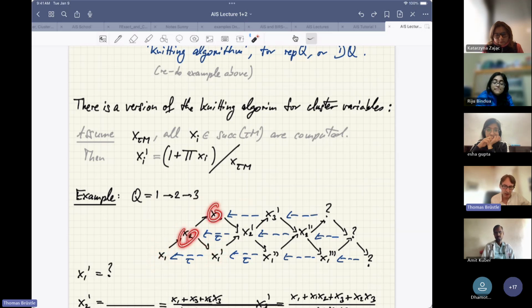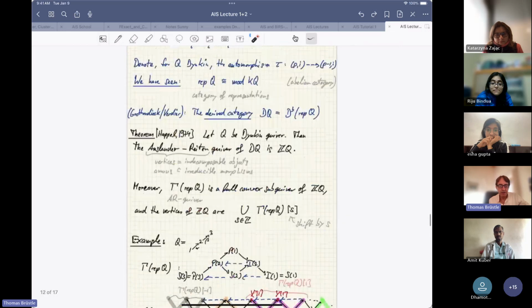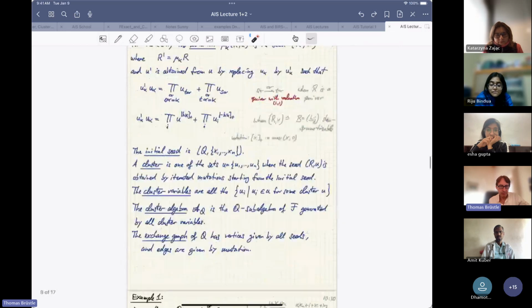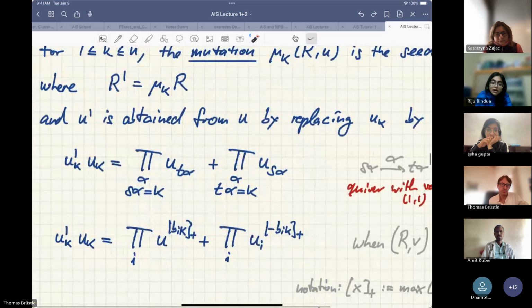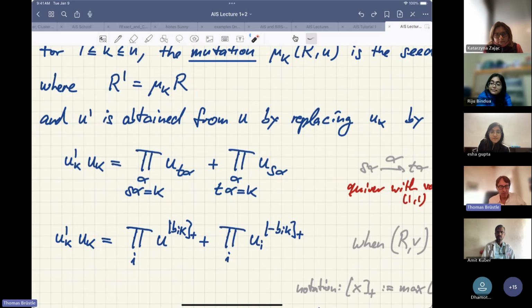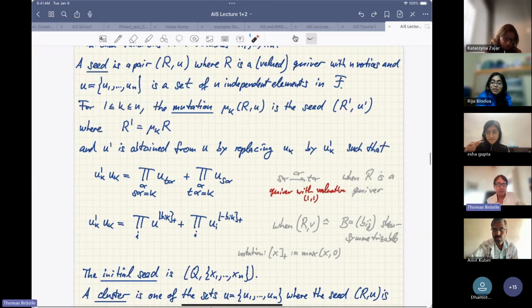If you know these three, you can compute the fourth one. So there's a knitting algorithm for cluster variables, which I find easier than using the original definition. This is what I want to do tomorrow, and it is motivated by the knitting algorithm for representations. Because after all, they should correspond to each other, right? Okay, good. Then let me end here.